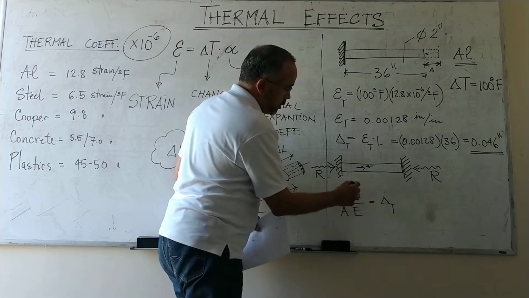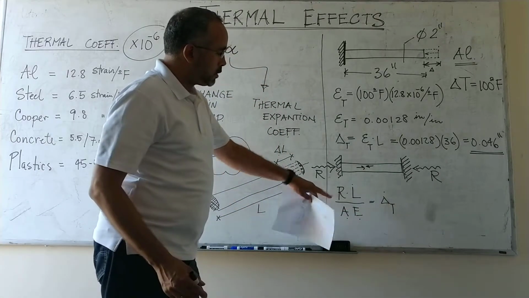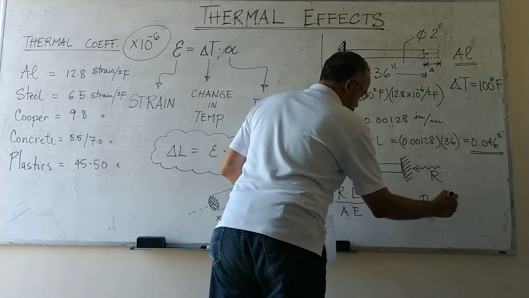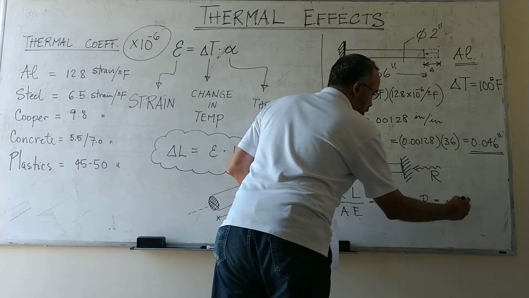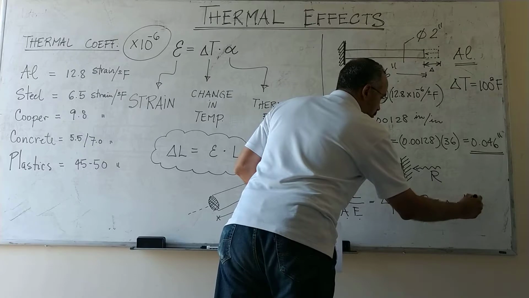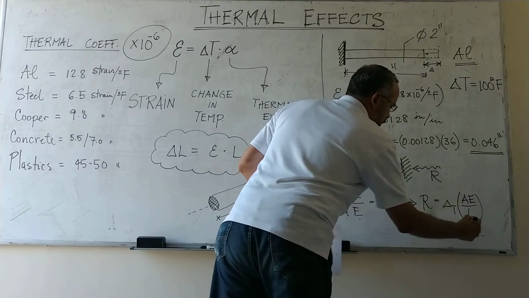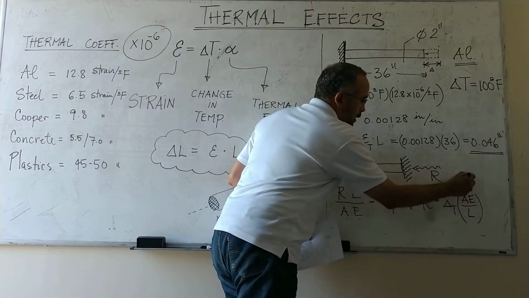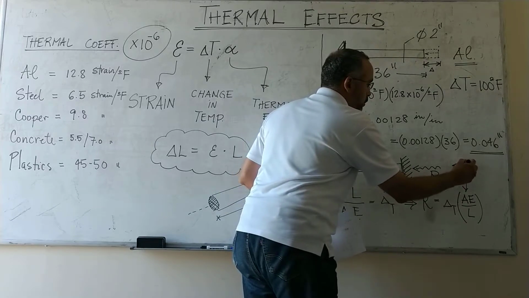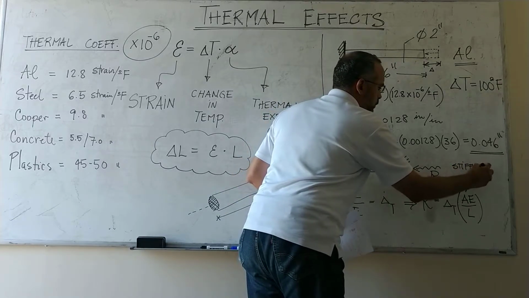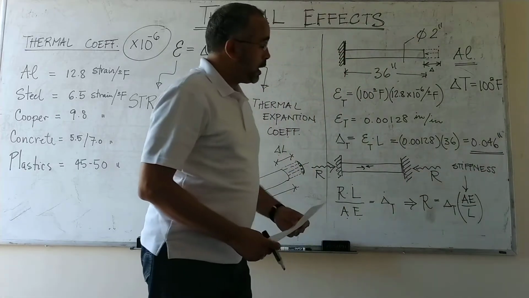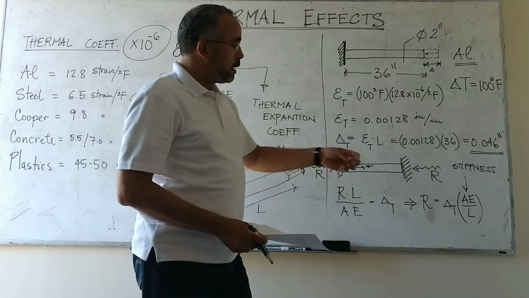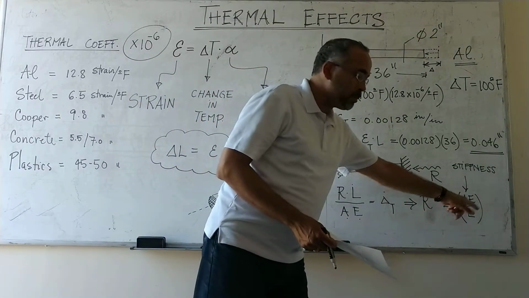So we know length, we know A, we know E, and so we can find R. So from here, the restraining force would be delta temperature times AE over L, which, by the way, is the stiffness of the bar, AE over L. So what this tells you is that the restraining force is going to be larger depending on how stiff the bar is.